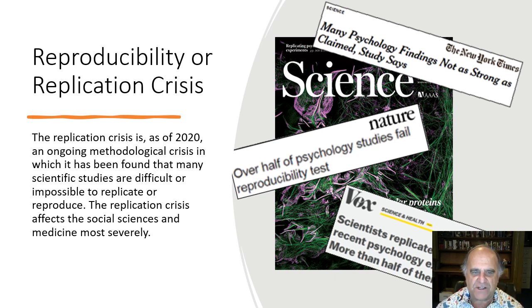The replication crisis is an ongoing methodological crisis in which it has been found that many scientific studies are difficult or impossible to replicate or reproduce. This replication crisis affects the social sciences, including psychology, but also medicine most severely. But you could argue it affects other areas of science as well.